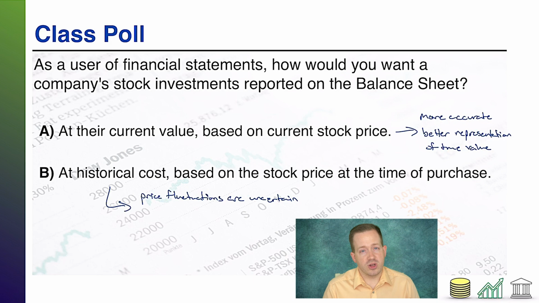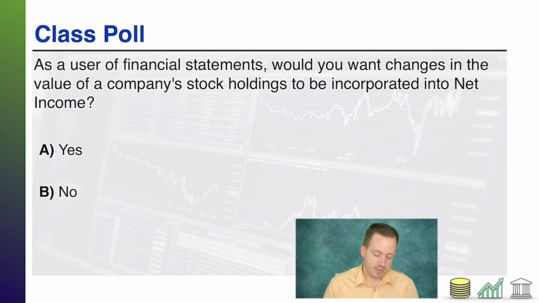But here's where things are going to get complicated. I'm going to ask you a second question. As a user of financial statements, so put yourself in the same shoes, would you want the changes in the value of the company's stock holdings to be incorporated into net income? In other words, these uncertain fluctuations, because from one balance sheet to the next, the stock price could be just up and down, up and down, right?